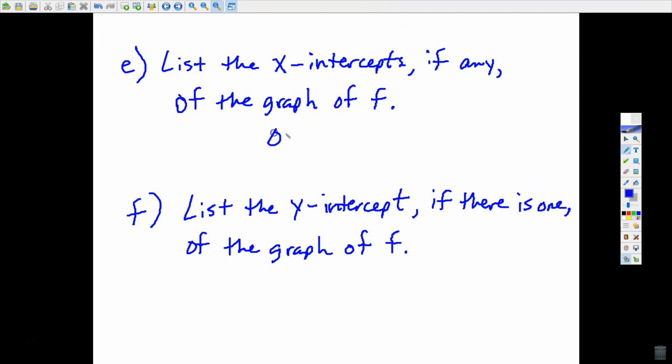If we just say 0 equals x plus 2 over x minus 6, if I'm going to solve this, then I multiply both sides by x minus 6, and then of course I get x plus 2 equals 0. So I do have an x-intercept, and it's at -2. So again, if you want to find an x-intercept, let y be 0. If you want to find a y-intercept, you're going to let x be 0.